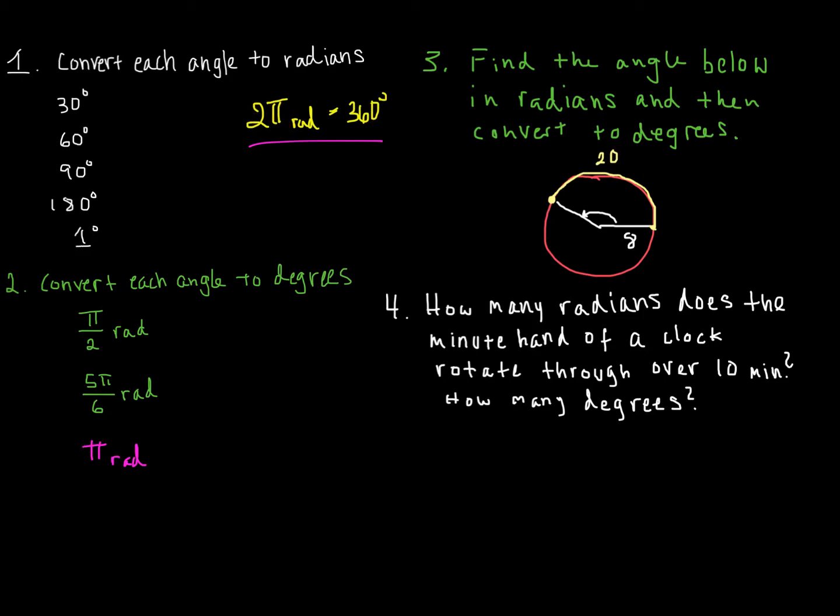When I divide by 2 on the left, I'm left with pi. And if I divide by 2 on the right, I get 180. So pi radians is equal to 180 degrees.